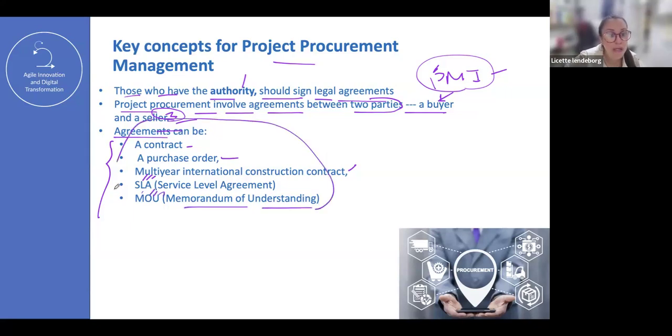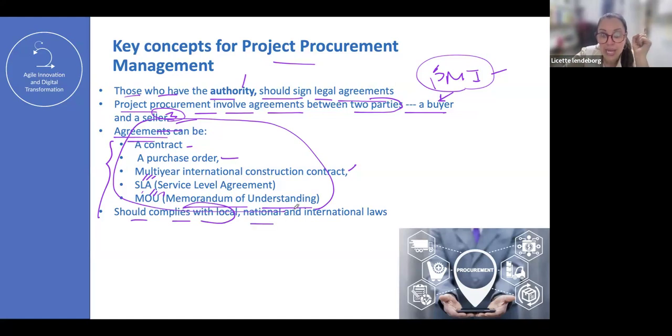And those terminologies, you see, I was telling you that procurement management is about names, documents, and terminologies. So the agreements should comply with local, national, and international laws. If in your exam you don't see any specific location, you need to assume that it's U.S. law. U.S.